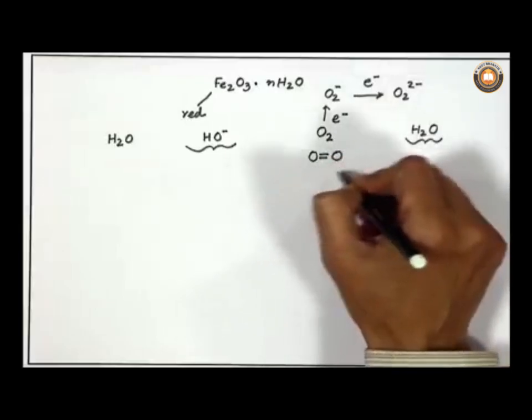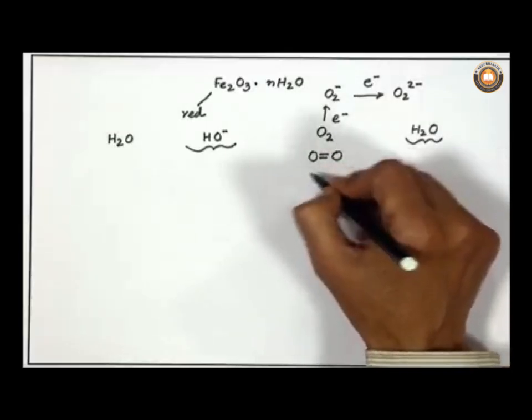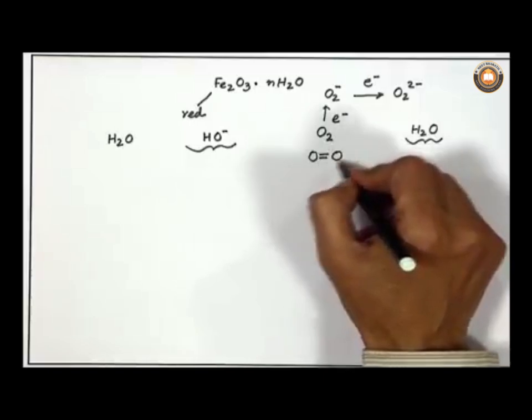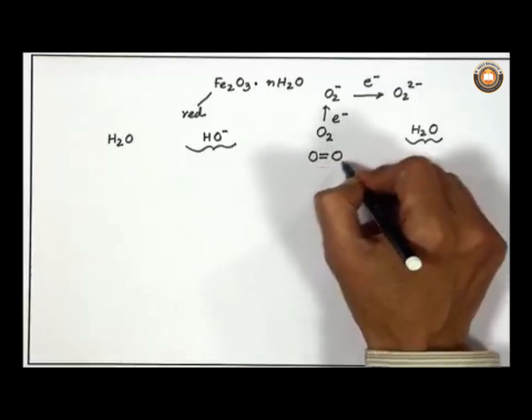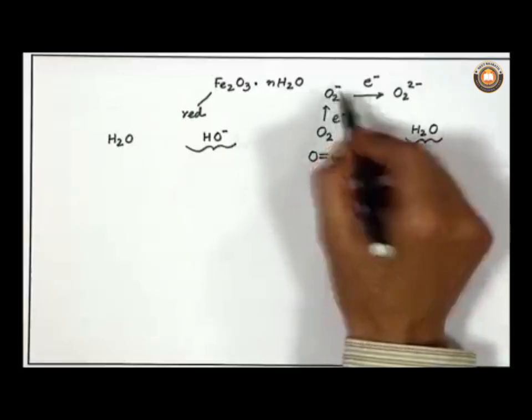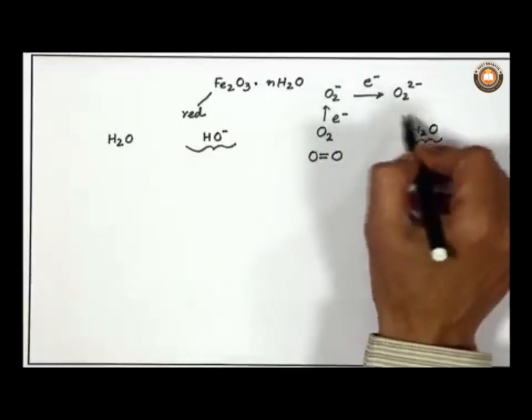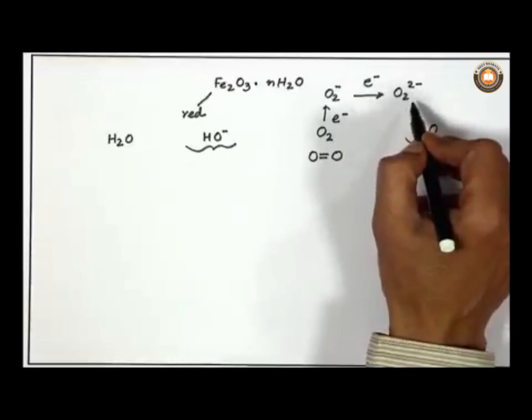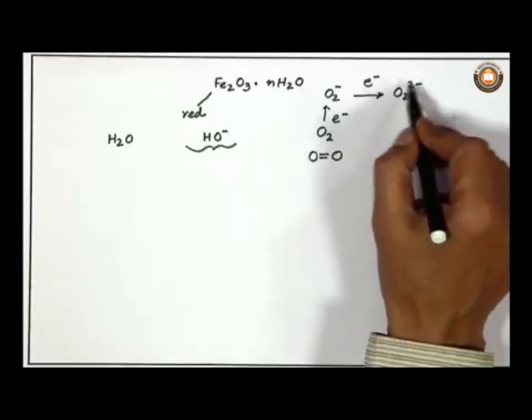So, there will be a change in the corresponding bond order: from a double bond character between O and O, it will be a single bond character in O2 minus, and then again single bond nature for the peroxide.